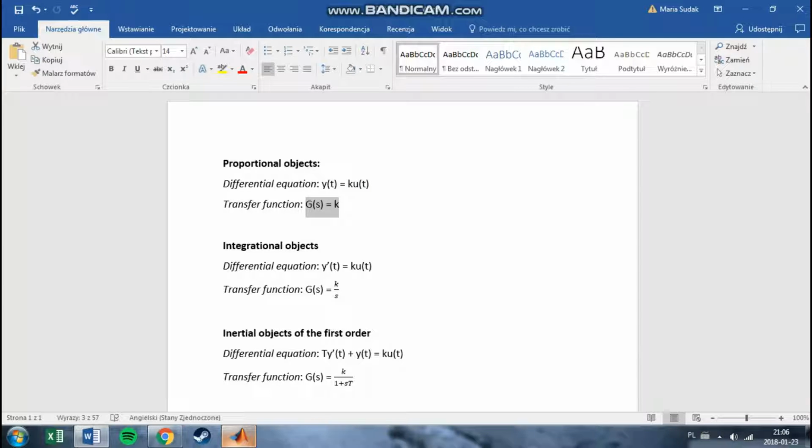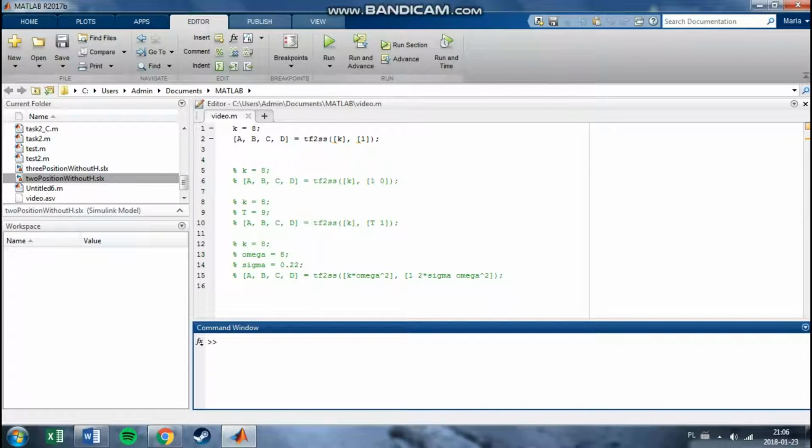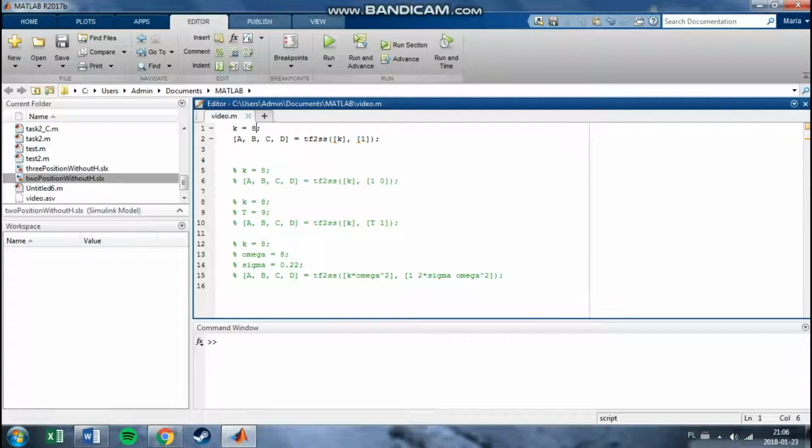So moving on to Matlab, here I have already written it. I set the value of k to be equal to 8, and here I'm using a built-in Matlab function, transfer function to state space, which uses the numerator here and the denominator here of the transfer function.